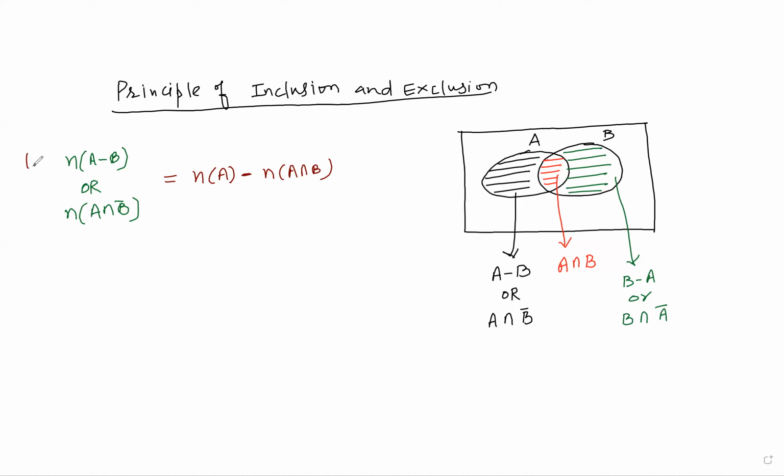When we subtract this intersection from A itself, then it gives numbers of A minus B or A and not B. Similarly, numbers in B minus A, or I can say numbers in B and not A. This should be numbers in B minus numbers in A intersection B, right?